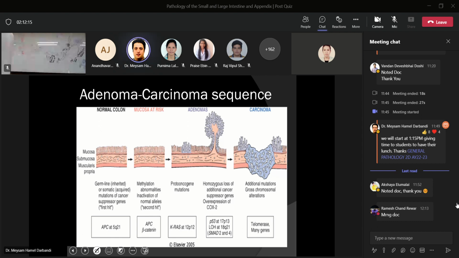So if you increase the methylation, the gene will be silent. Okay? If you make hypomethylation, what will happen? We call this epigenetic. Okay? Epigenetic.